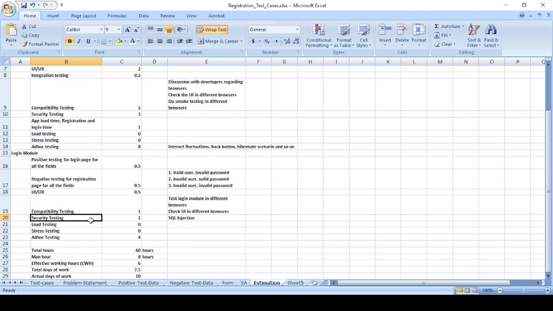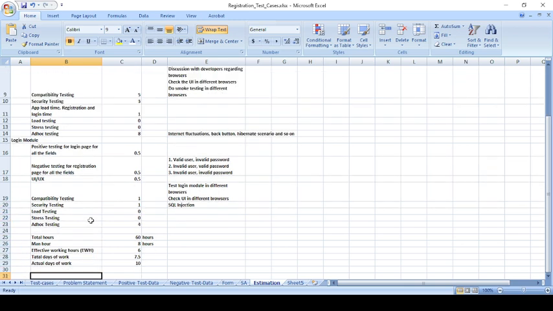Now, one important thing that I forgot to mention is buffer time. You have got 60 hours. You should always consider some 20% as buffer time. Why? Because sometimes the developer can delay providing you the build.